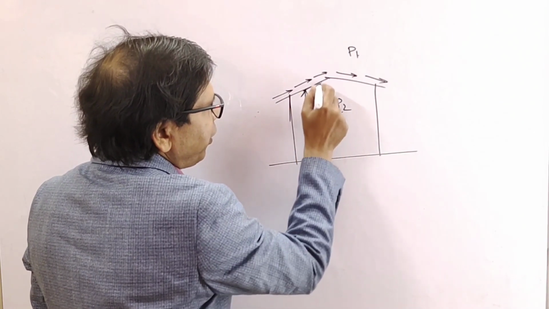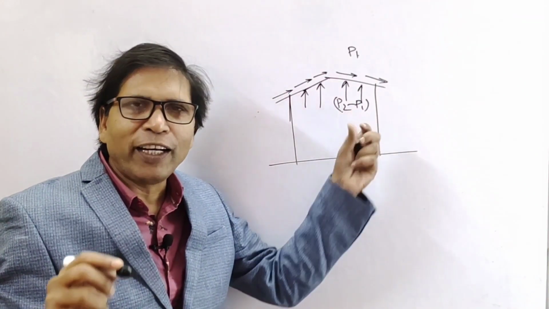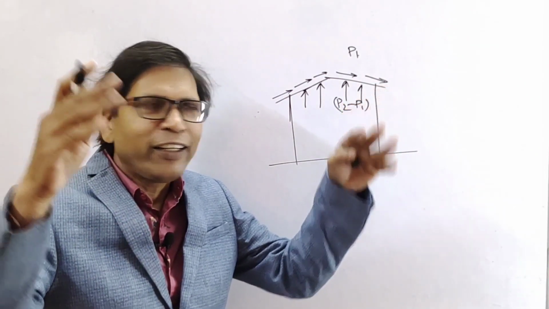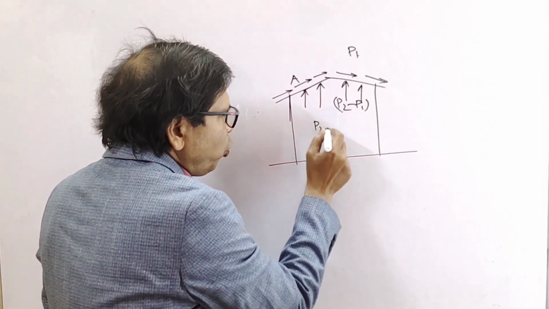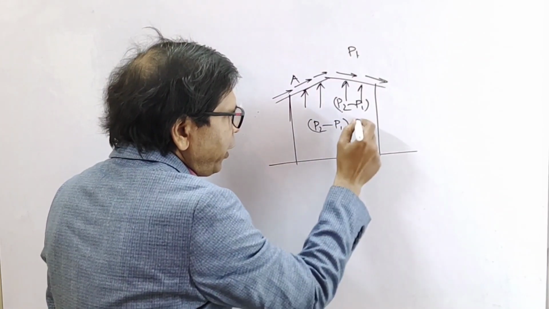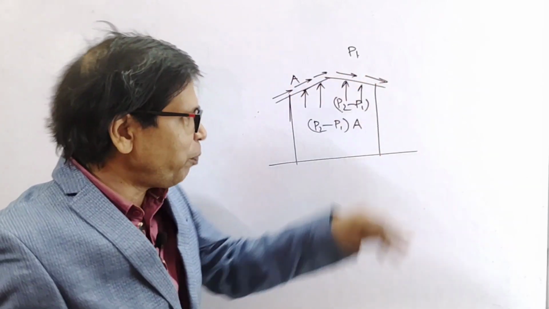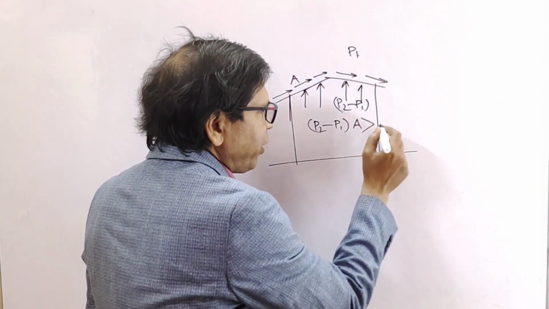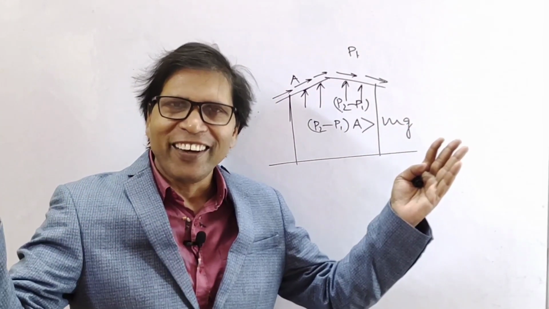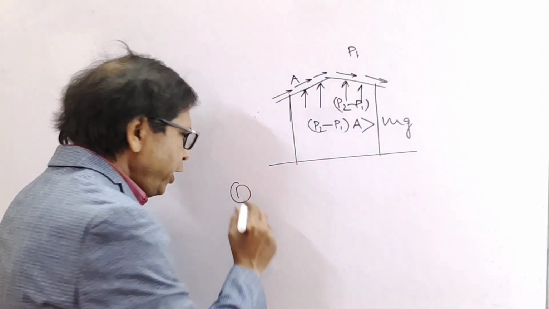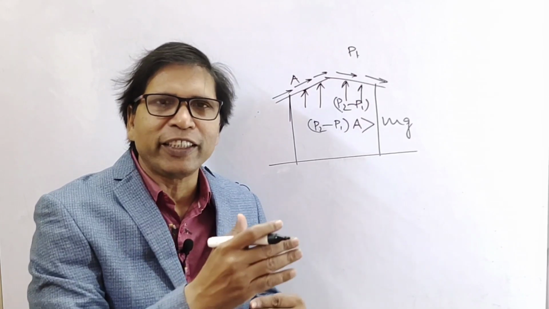Therefore the net pressure P2 minus P1 acts in the upward direction. If the area of the roof is A, then (P2 minus P1) into A is the net force acting on the roof in the upward direction. If this force is greater than the weight of the tin, then the tin roof flies away.